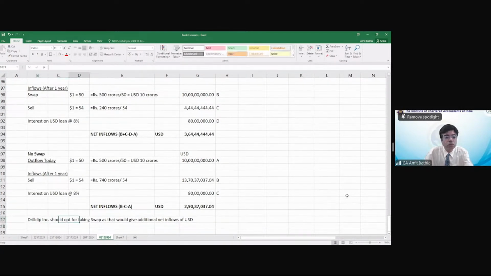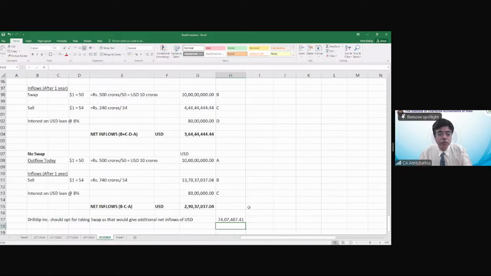How much? USD 3 crore 64 lakhs minus 2 crore 90 lakhs. So 74 lakhs, 7,407.41 dollars. Okay, got everyone? Yes, got it everyone?